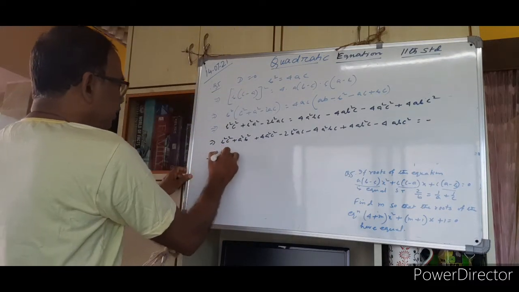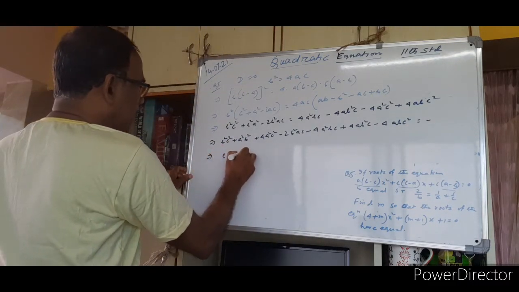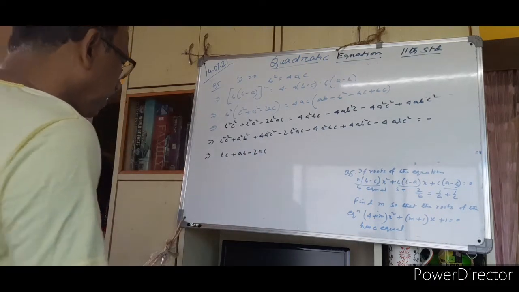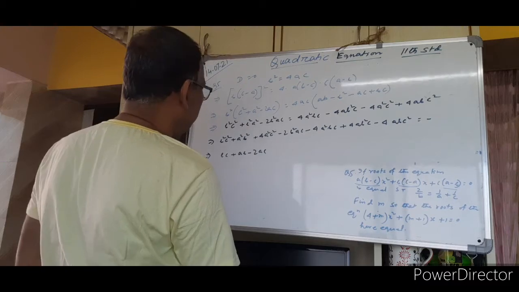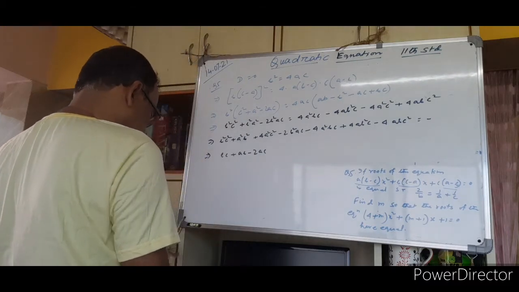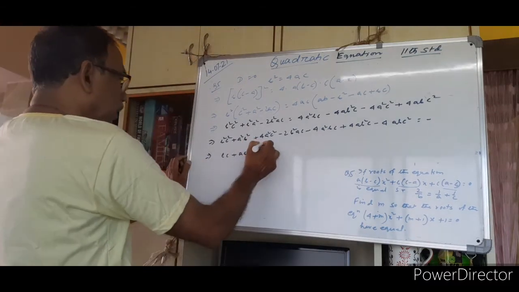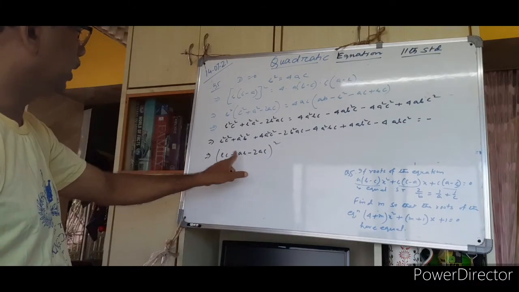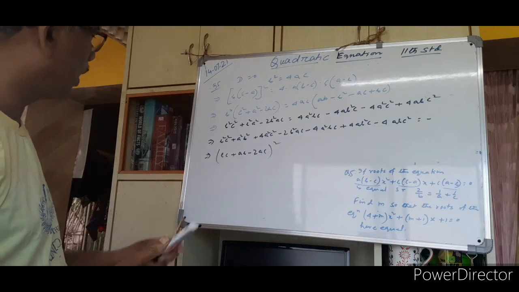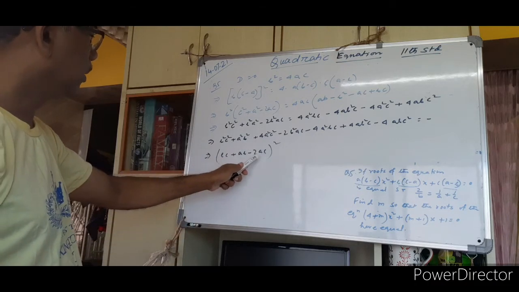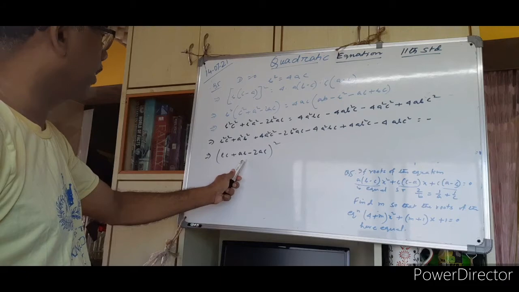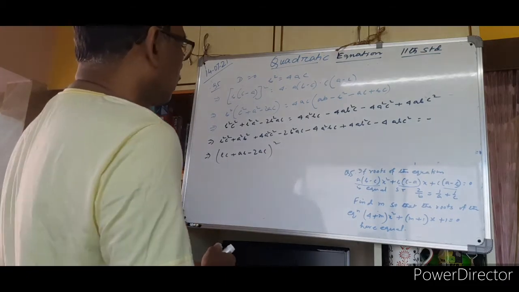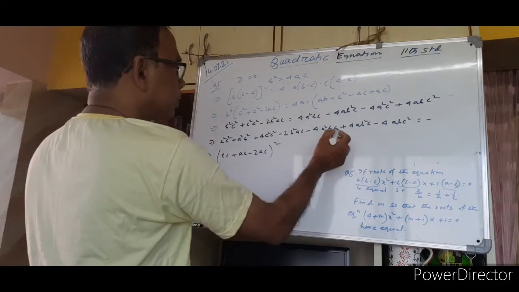We can write bc plus ab minus 2ac whole square, because a plus b plus c whole square formula is a square plus b square plus c square plus 2ab, 2bc, 2ac.